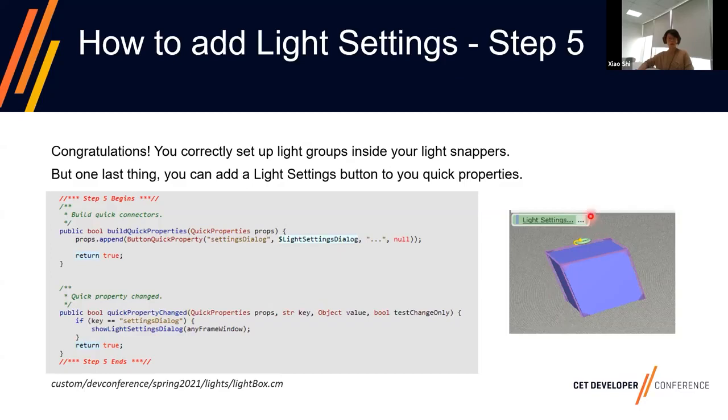So you add a quick property, and then you have a callback to show the dialog when you hit this button. And then that's it. You have set up your own light snappers and bound that correctly to a light group function.